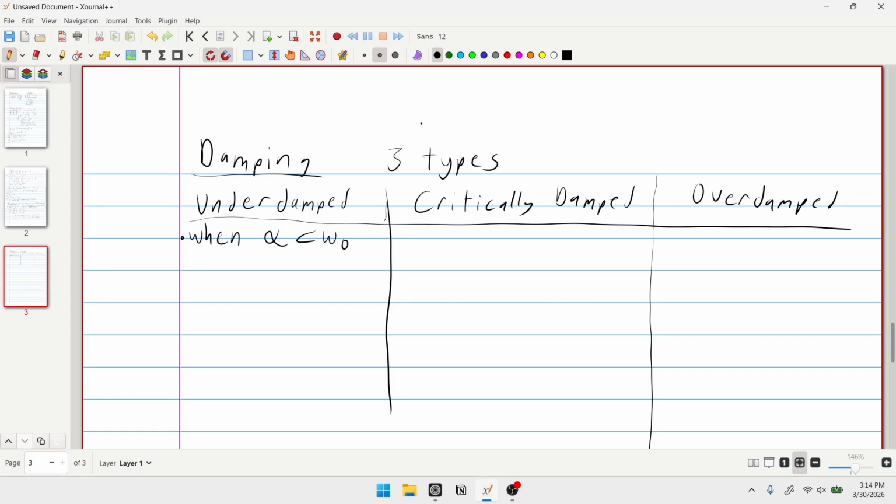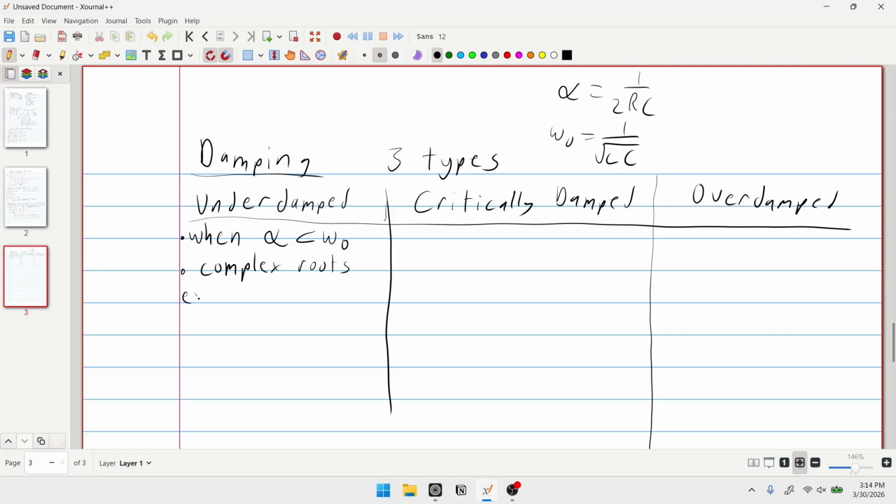Let me write alpha again: 1 over 2RC, and omega naught is 1 over the square root of LC. So when our alpha is smaller than our natural frequency, that means our circuit is underdamped, which means we'll have complex roots.